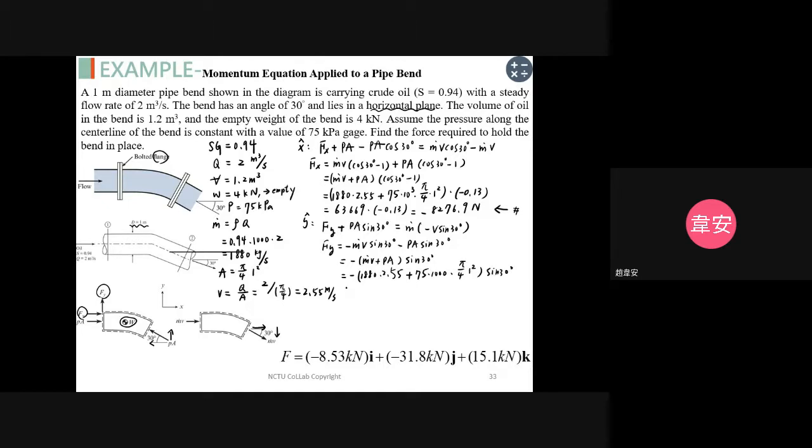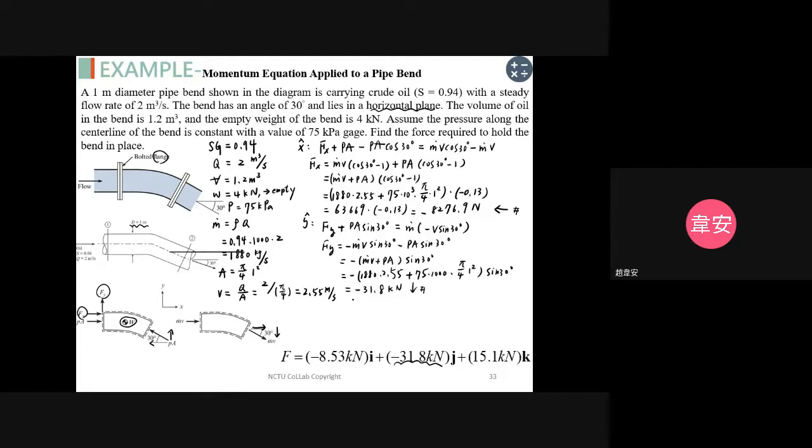So we can compute the answer, which is also negative, and because of the time limit, you can calculate it yourself. It's around 31.8 kilonewtons, but the direction is downward.